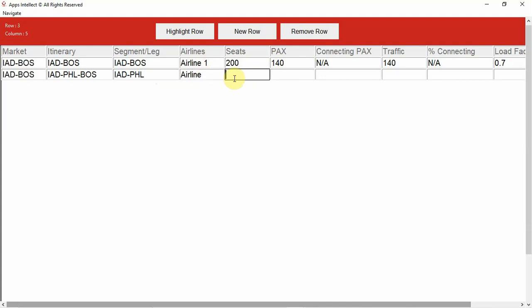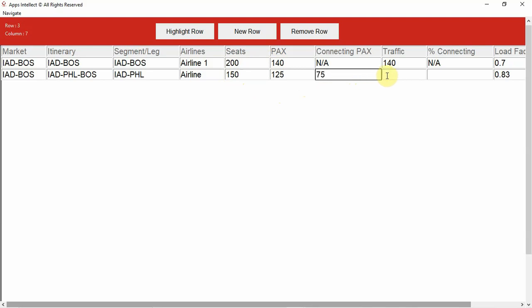Now the capacity of the aircraft provided has 150 seats, and the passengers boarding on this are 125, and the connecting passengers are 75.